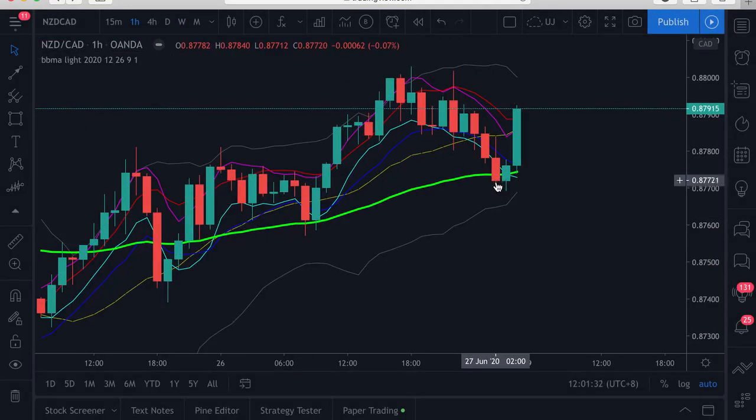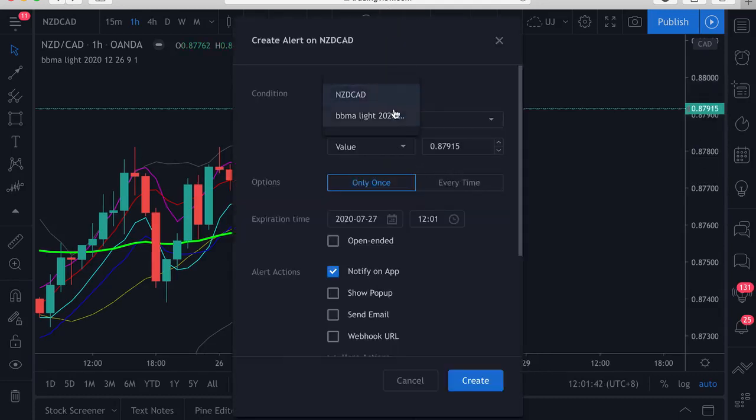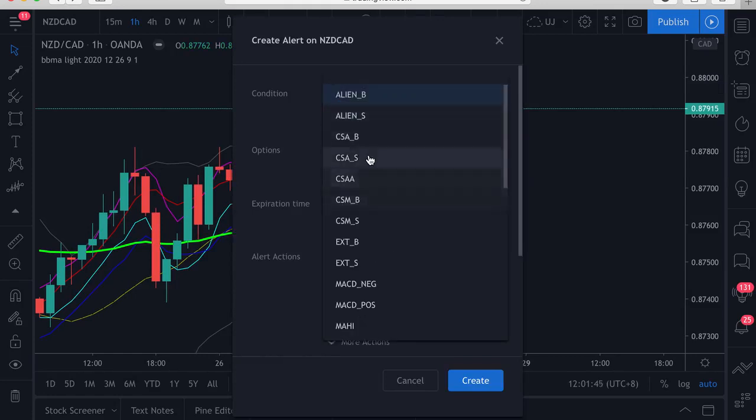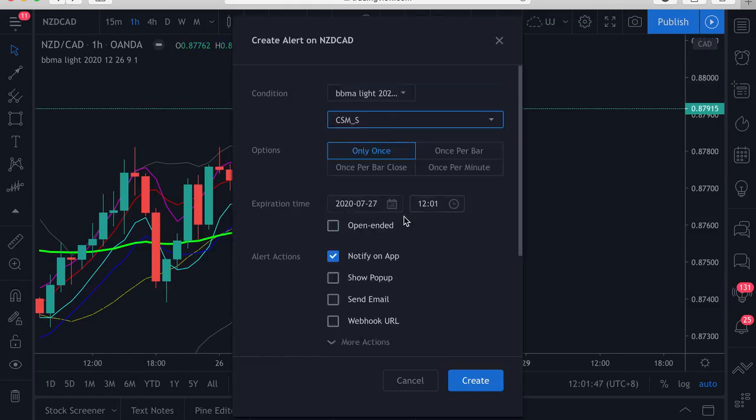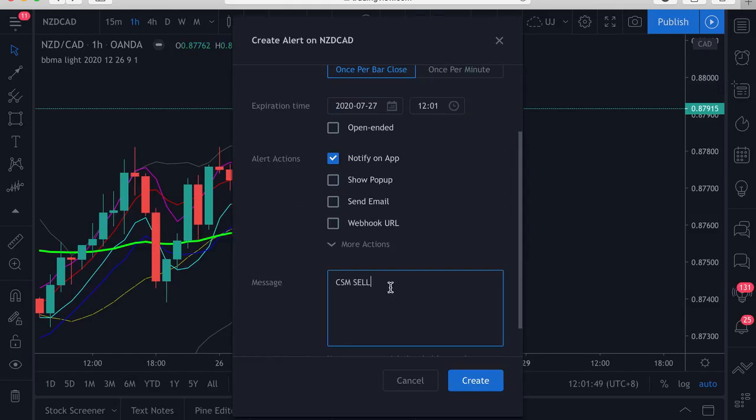It closed below the EMA 50 but retraced back and is currently at the re-entry sell on H1. So for NZD/CAD, what we're going to do is also set an alert for our sell setup, CSM sell at H1, and we want to wait for EMA 50.